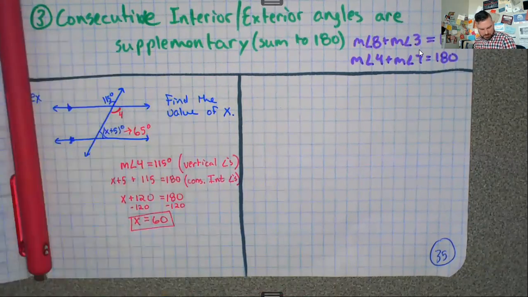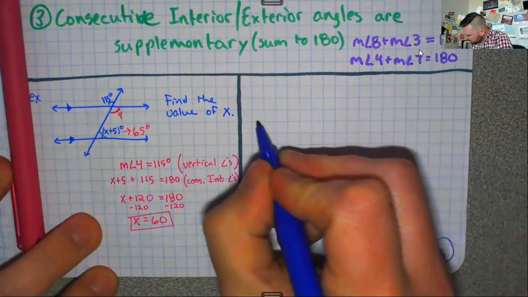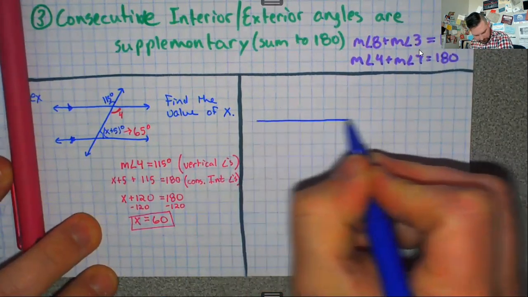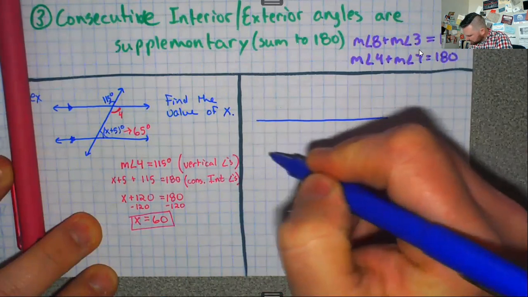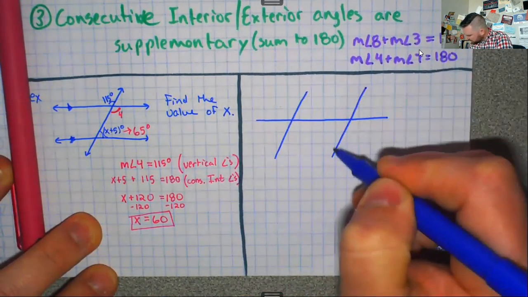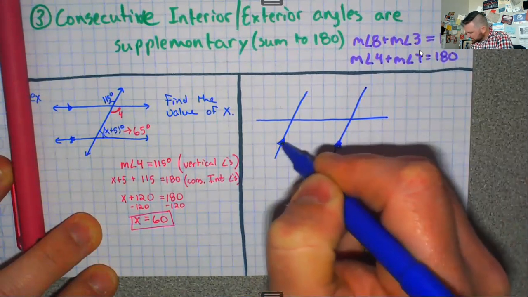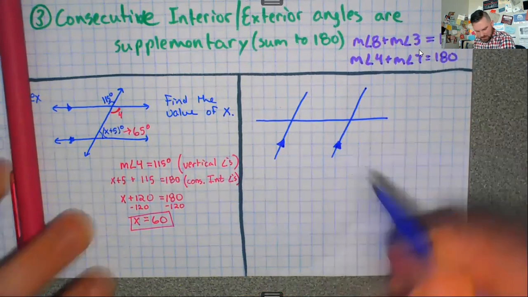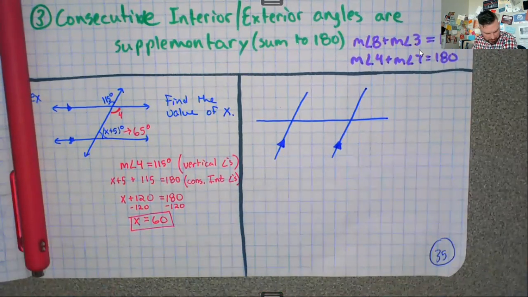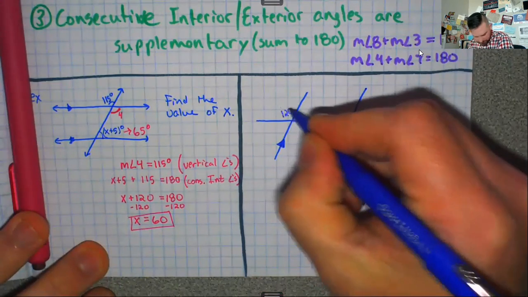All right, let's look at another one. So let's say I have this here. And I'll have a couple segments here and here that are parallel. Yes, this works with segments and lines and rays. Lines are parts of lines. This one is 120 degrees.